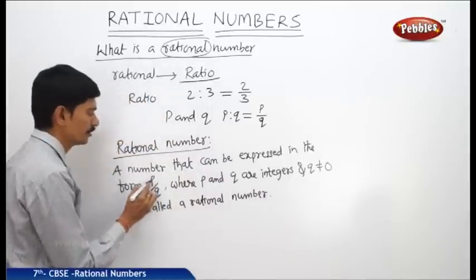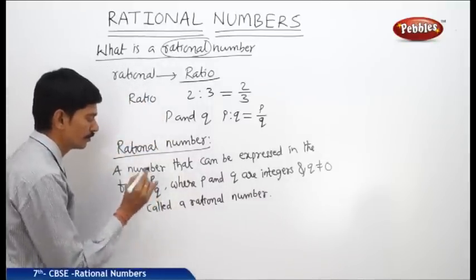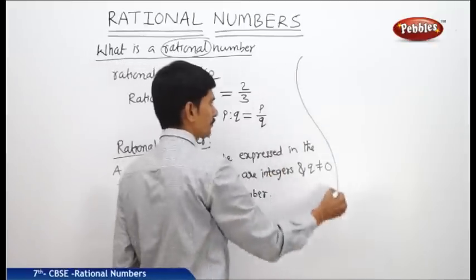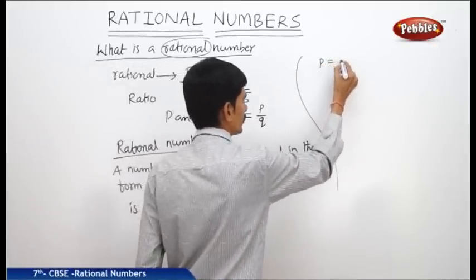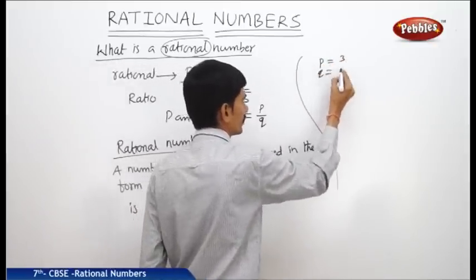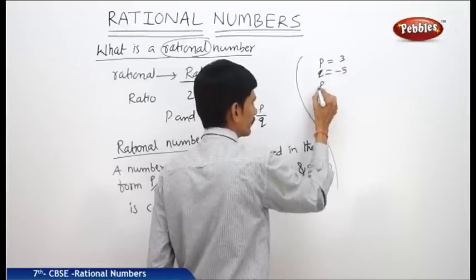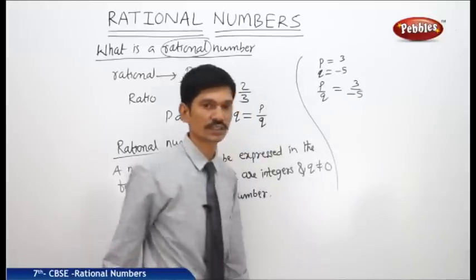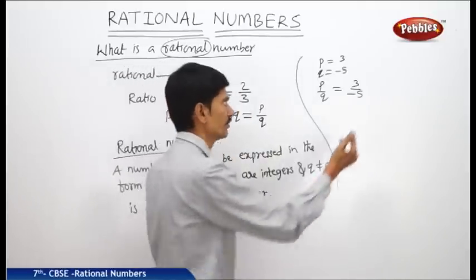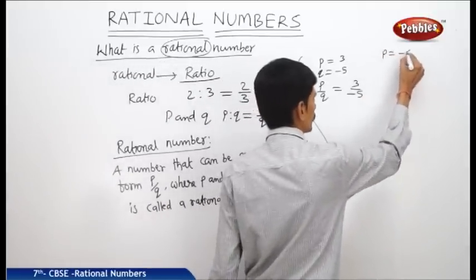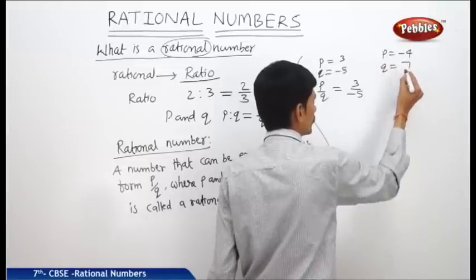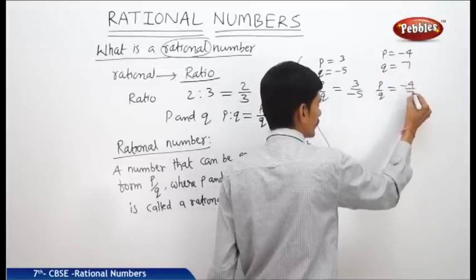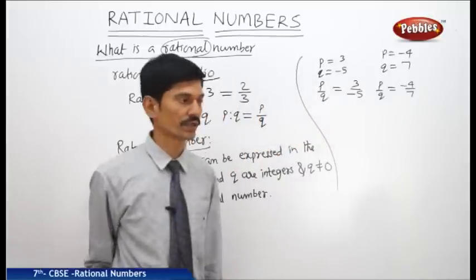Here the numerator P and the denominator Q are taken from the integers. If you consider P value 3 and Q value -5, then in P/Q form, 3/-5 is a rational number. If you consider P value -4 and Q value 7, then -4/7 is also a rational number.